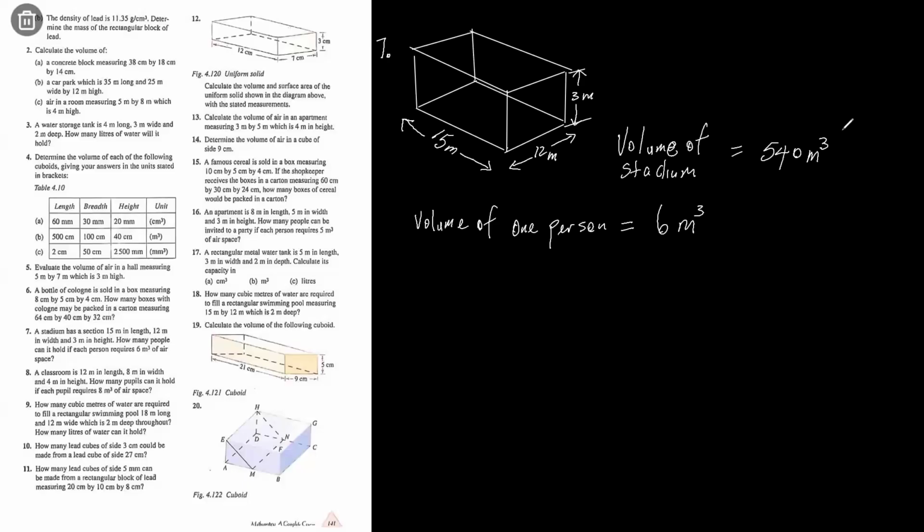So the volume of one large stadium is 540 meter cube, but the volume of one person is 6 meter cube. So one person equals 6 meter cube.